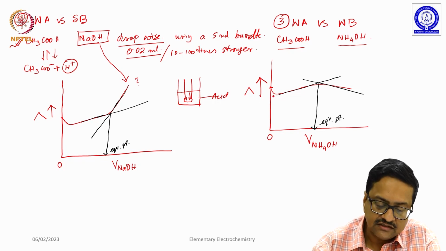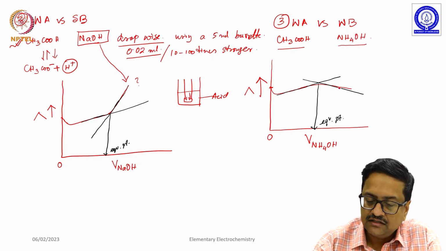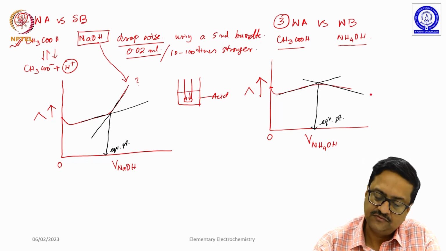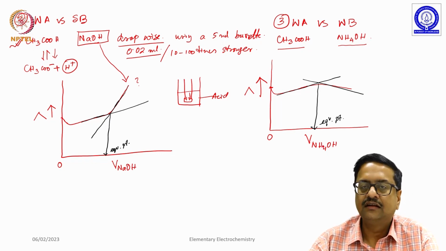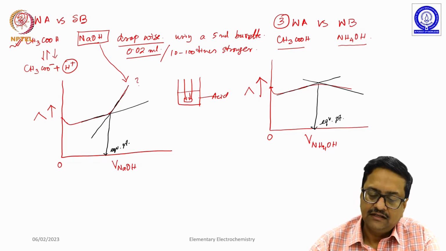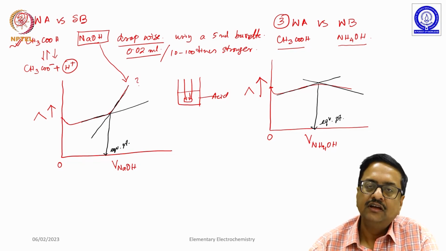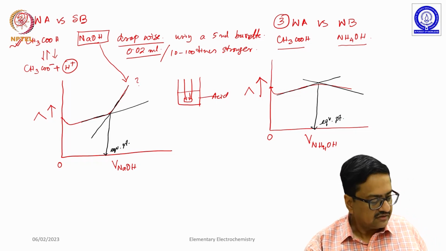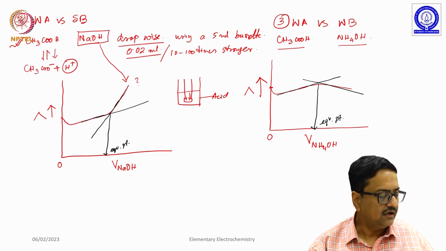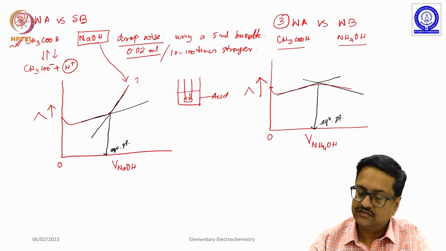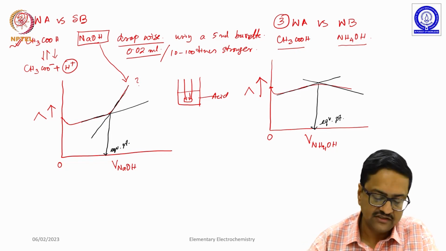This portion is same as that, and the right hand side portion, where after the equivalence point it slowly decreases, because ammonium hydroxide is a weak electrolyte and we are adding more and more ammonium hydroxide, means the volume of the solution is increasing, and as a result the concentration is decreasing, hence the conductance is going to decrease. So this is what will happen with strong acid and weak acid and weak base combination.